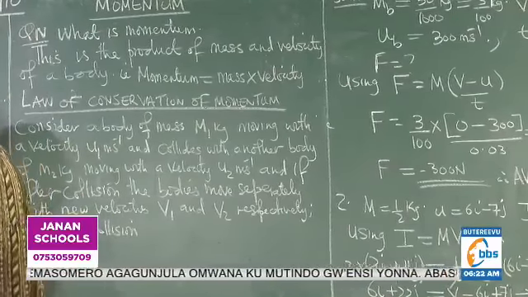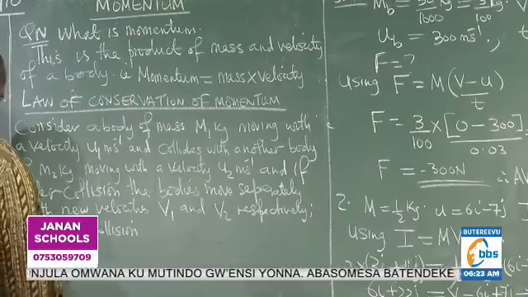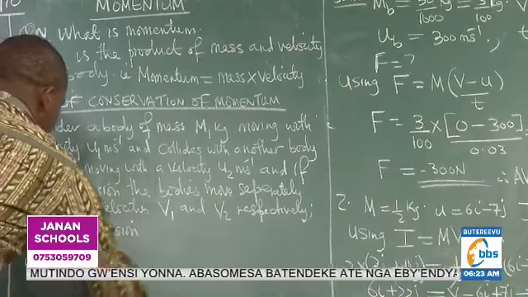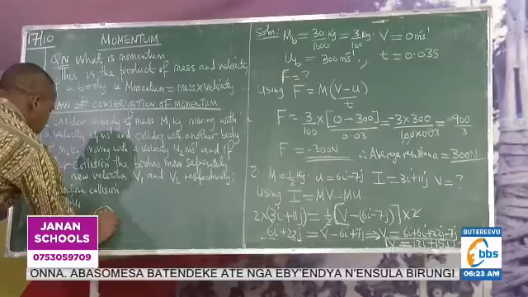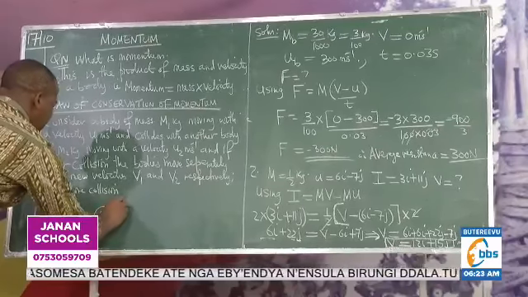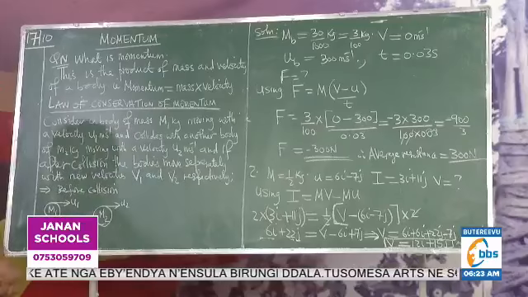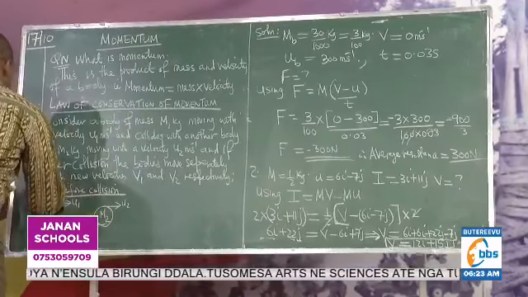We have this body 1, which I'm calling M1, it is moving with the velocity U1. We also have body B or 2 with a mass M2 moving with the velocity U2. That is before collision. We can call this part A.